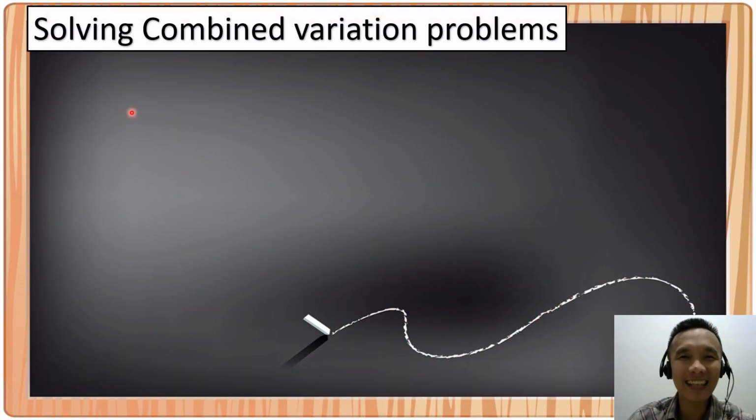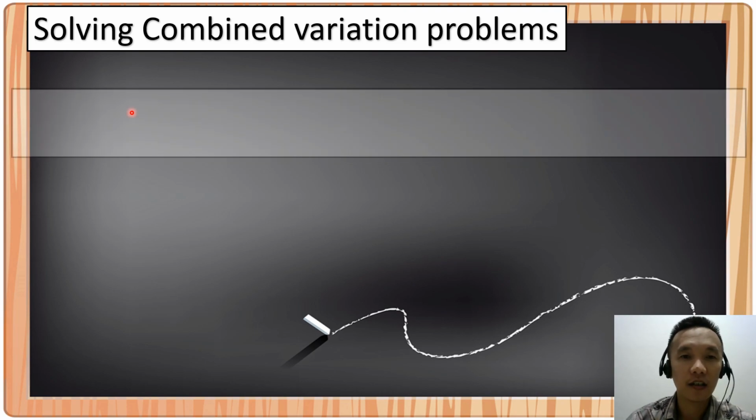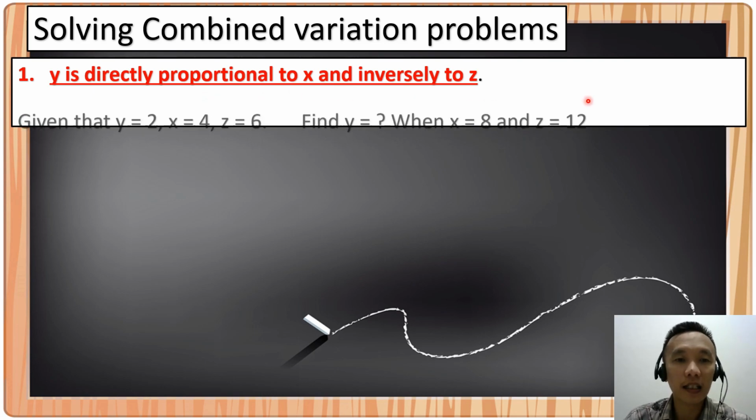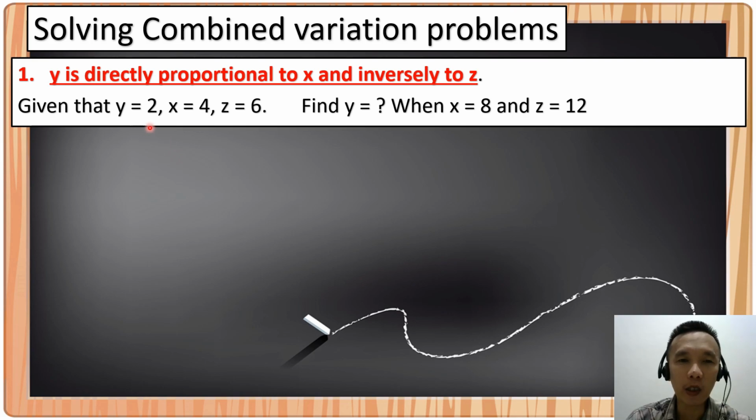So now let us have an example on how to solve problems involving combined variation. Here we have the statement, y is directly proportional to x and inversely to z. Given that y equal to 2, x equal to 4, and z equal to 6. Now, we are going to find our y when our x becomes 8 and our z becomes 12.